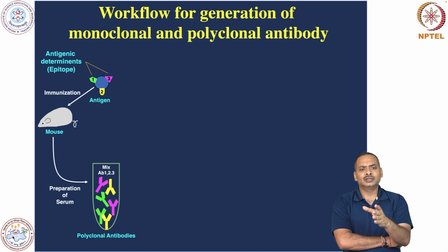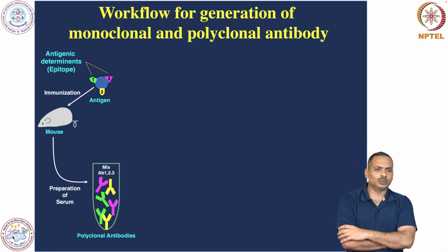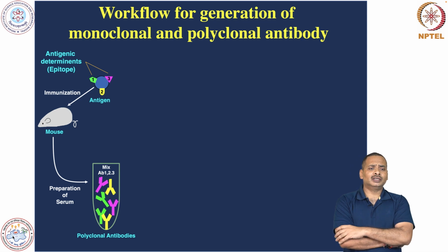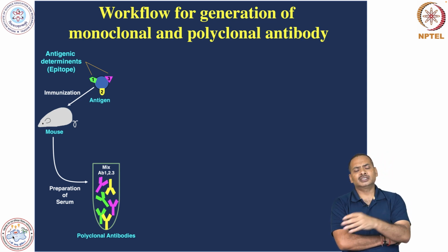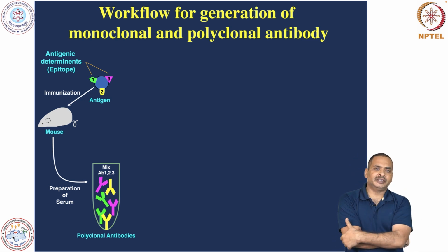The green one recognizes epitope 1, the yellow one recognizes epitope 2, and the dark purple one recognizes epitope 3. So, this is a polyclonal antibody.